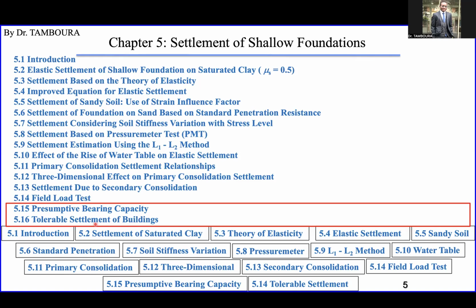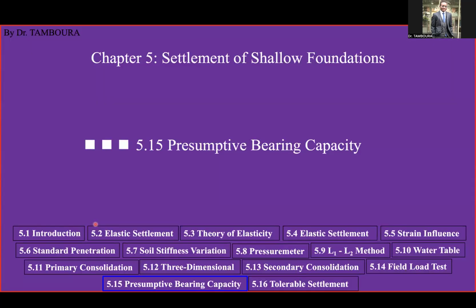Because we have been talking about settlement so far, it was like a total settlement. But when you have a building with, for example, shallow foundation, different footing, two adjacent footing can have different settlement, okay? So this is what we are going to talk about today.